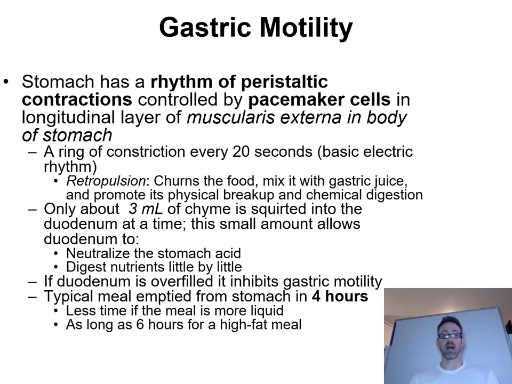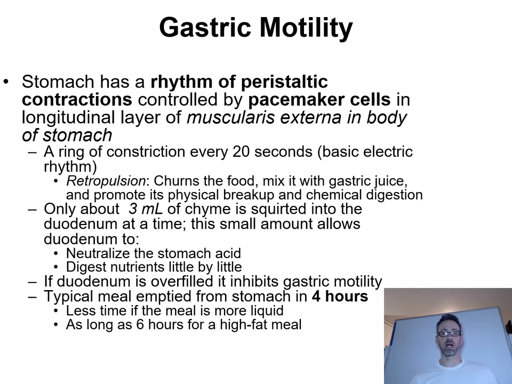Another bullet point I have there: about 3 mils of chyme is squirted into the duodenum at a time. So again, this is like a small squirt of chyme going into the duodenum at a time. It's not a big bolus. This allows, first off, the duodenum to neutralize the acidic fluid coming from the stomach, because its enzymes do not work optimally at that low of a pH.